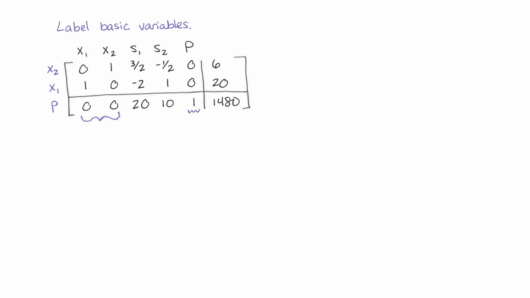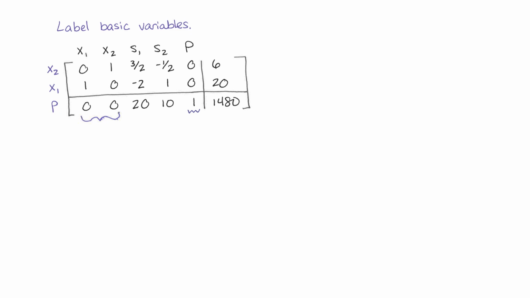So let's label our basic variables. Now, in the x1 column, we have 0, 1, 0. So this is a column that has all zeros except for one element. And because the 1 is in the second row, x1 represents the second row. So we write that by row 2. Column 2, the x2 column, 1, 0, 0.